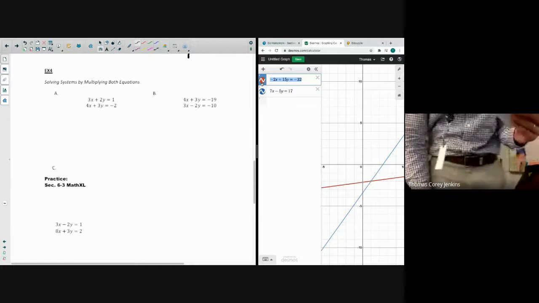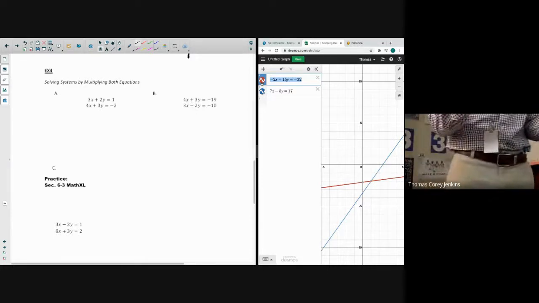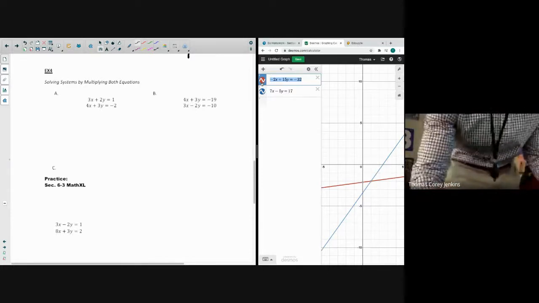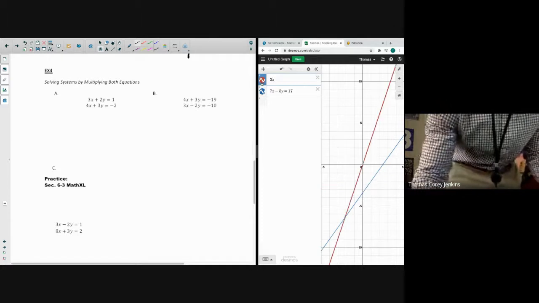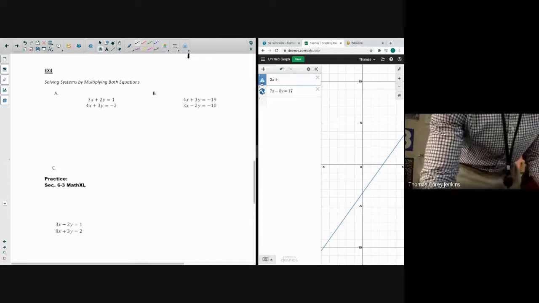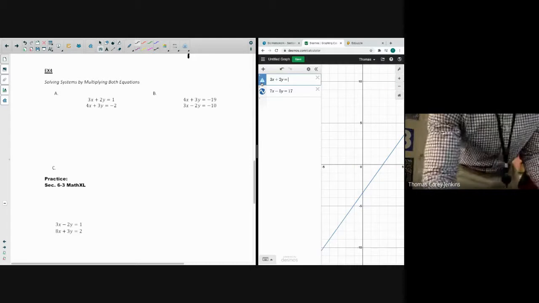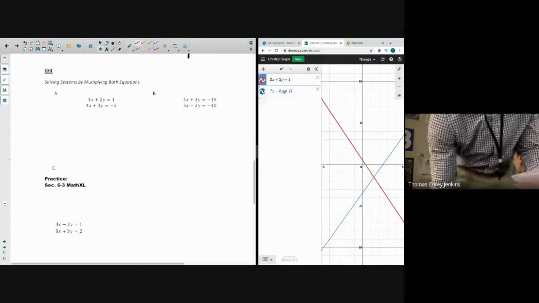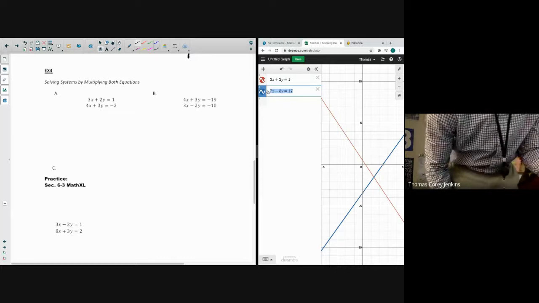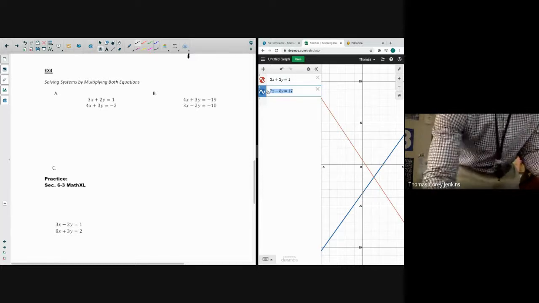All right, so my top equation on 4a is 3x plus 2y equals 1. And then we also have 4x plus 3y is -2.